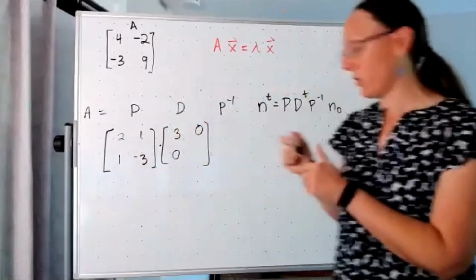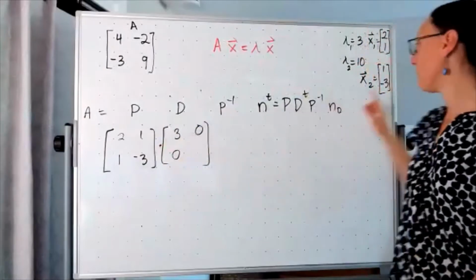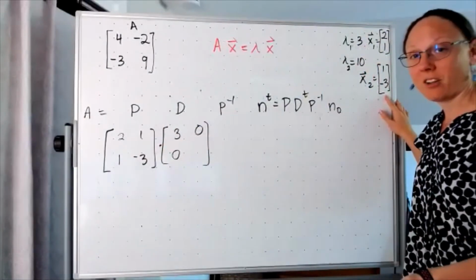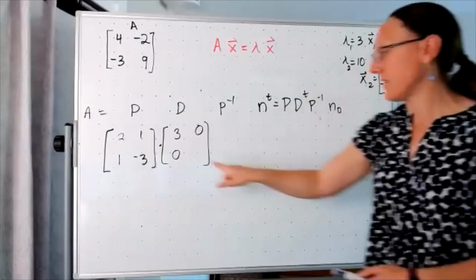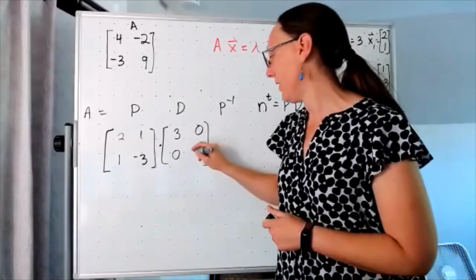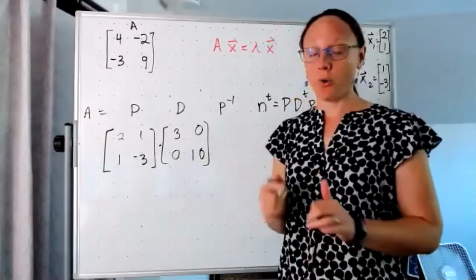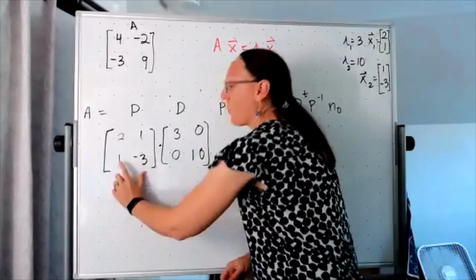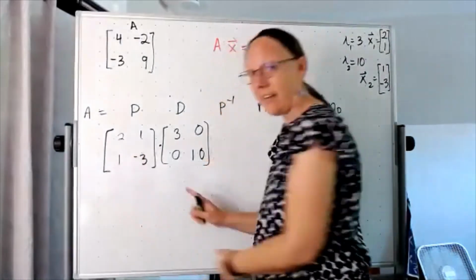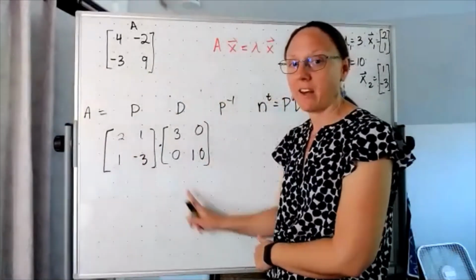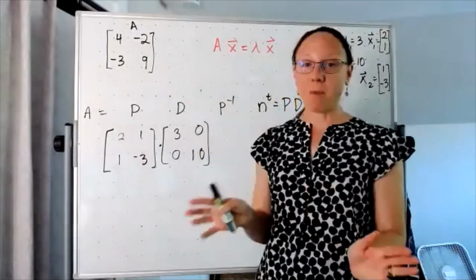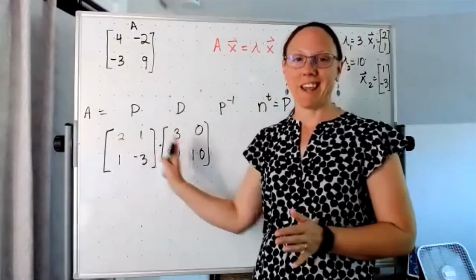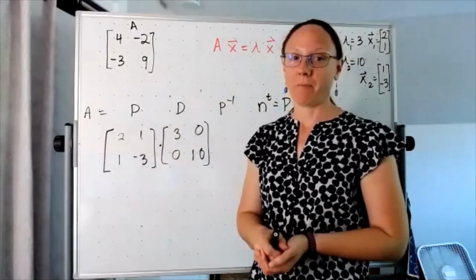So my 3 would go there. And because (1, -3) was my second column, I need 10 to go right here. It would also be totally fine to swap these two and then write your D matrix as 10, 3. Doesn't matter which order, it just has to stay in the same order for each of them.